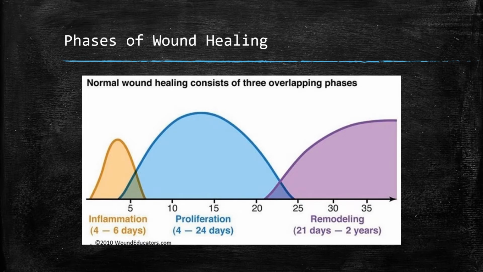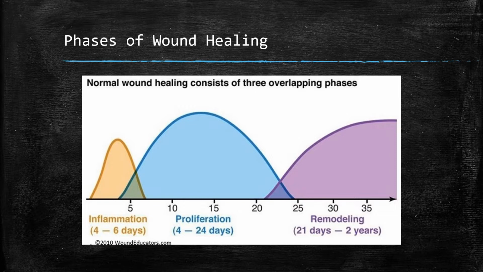Wound healing is customarily divided up into three distinct phases. The first phase is the inflammatory phase. In this phase, the wound bed is prepared and the cells that are important to wound healing migrate into the wound. The proliferative phase is the phase where the wound matrix is laid down and collagen is deposited into this matrix.